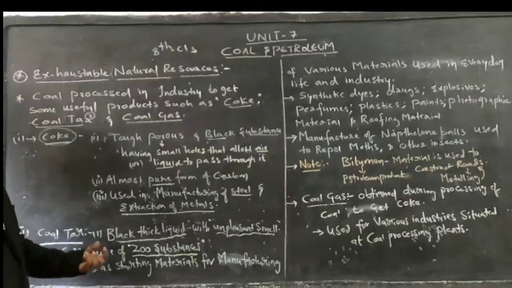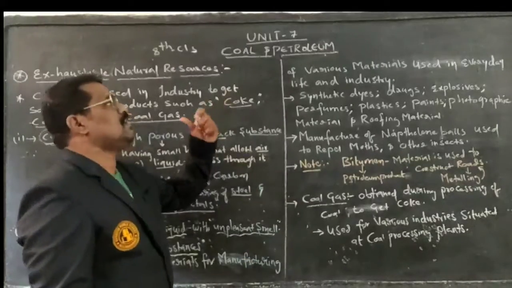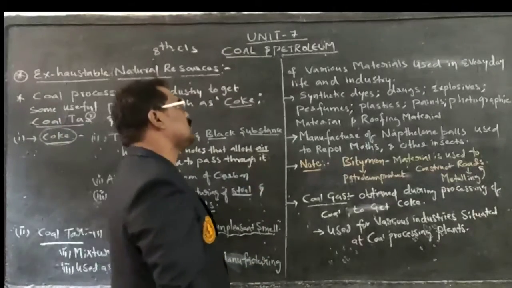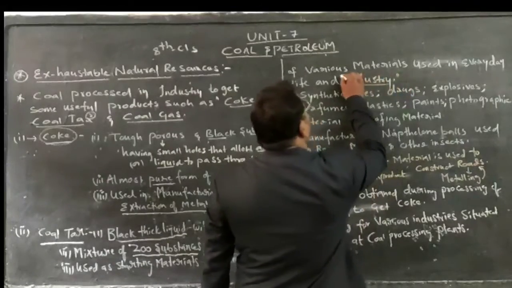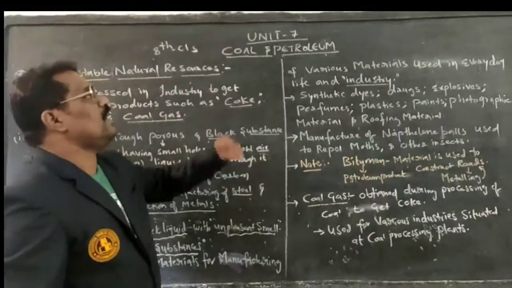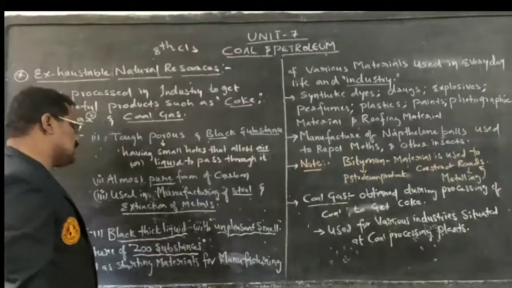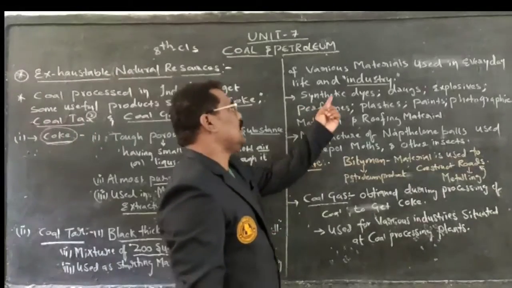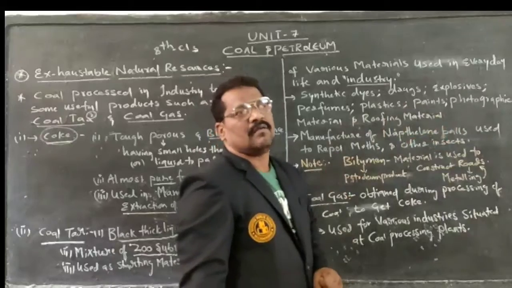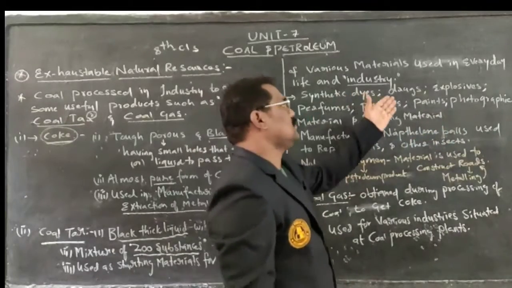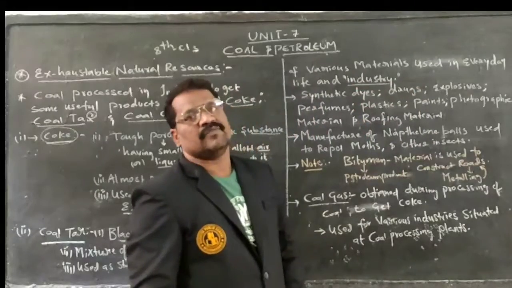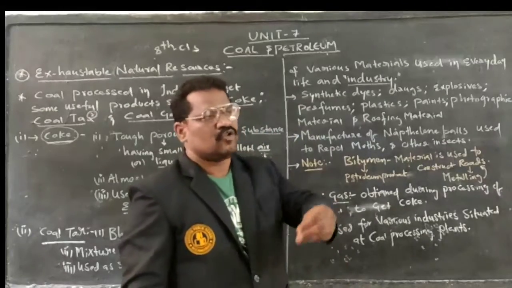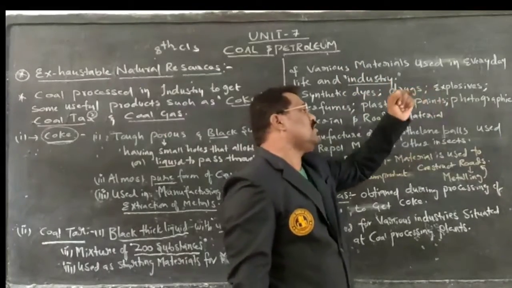It is used as a starting material for manufacturing various materials used in everyday life as well as in industries, such as synthetic dyes, meaning man-made colors; drugs, as in paracetamol companies; and explosives, as in Diwali crackers, to burst any powder.